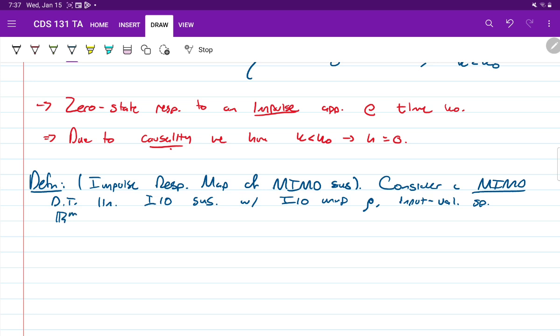Okay, so our input values are going to be m-dimensional tuples of real numbers. So input value space Rm, output value space Rp.